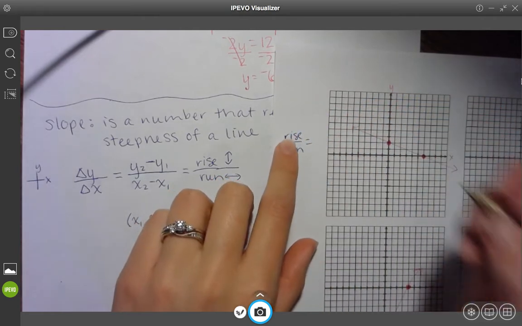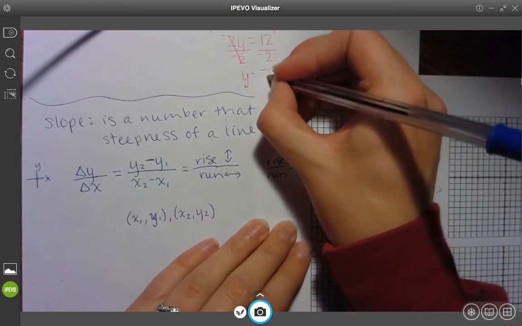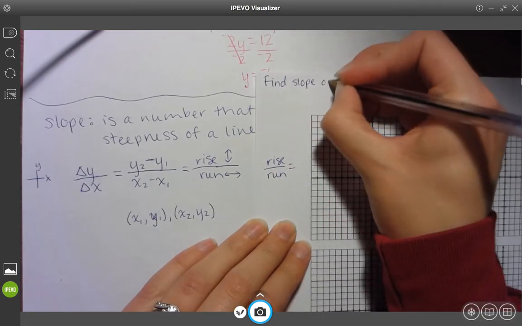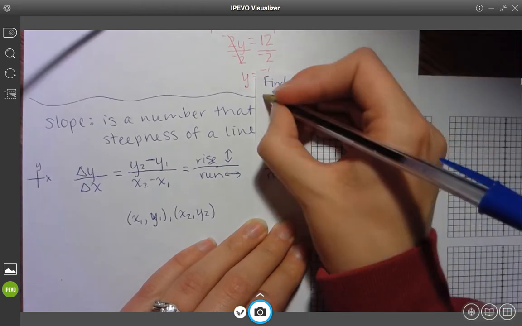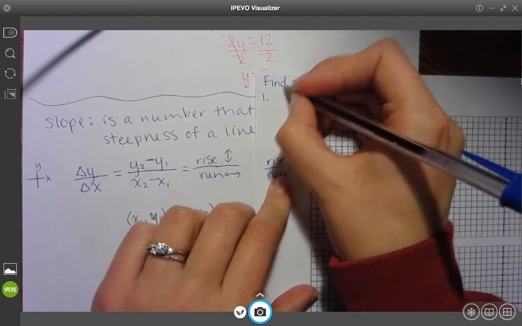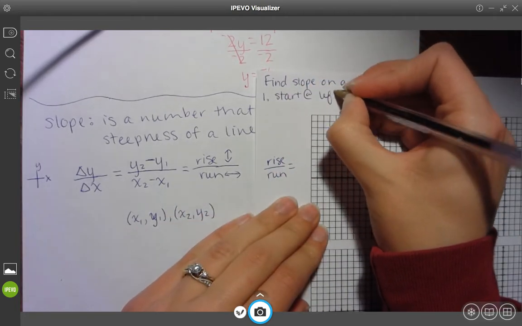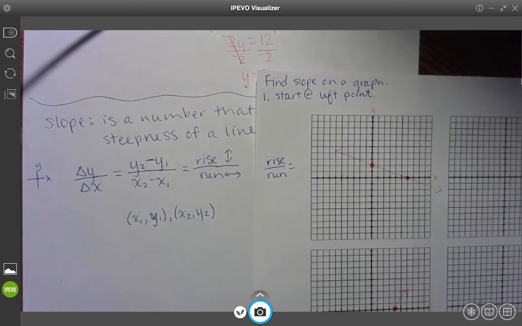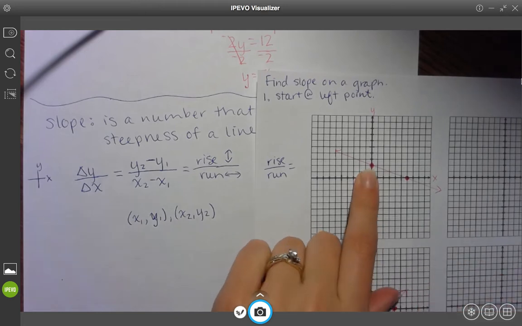To find the slope on a graph, this is probably the easiest way to do it. First, start at the left point. Pick a point that's more to the left. We have 2 points here, so I'll start at my leftmost point.